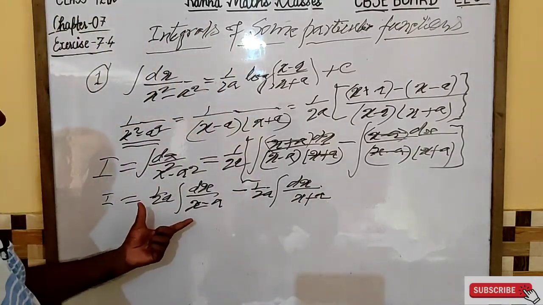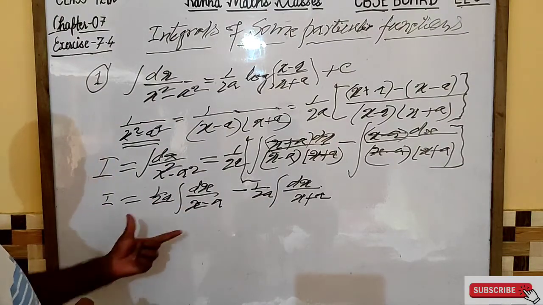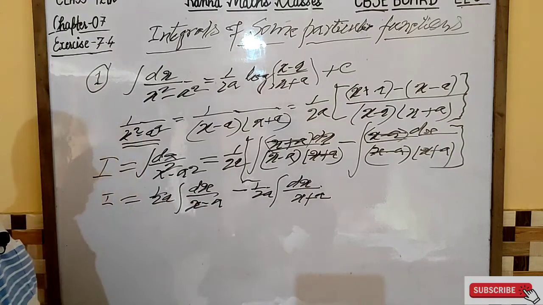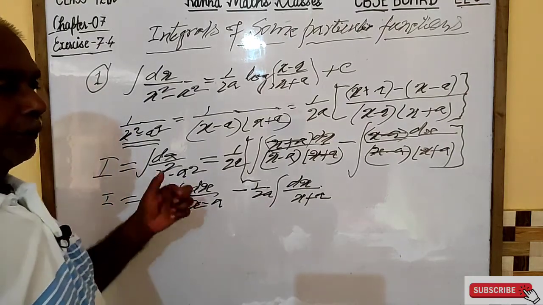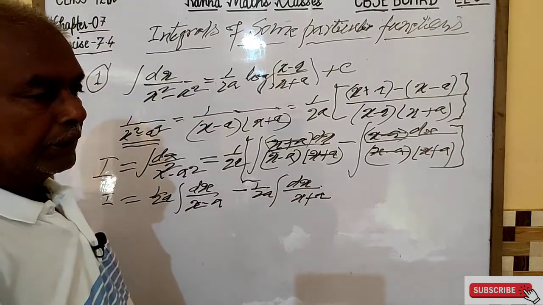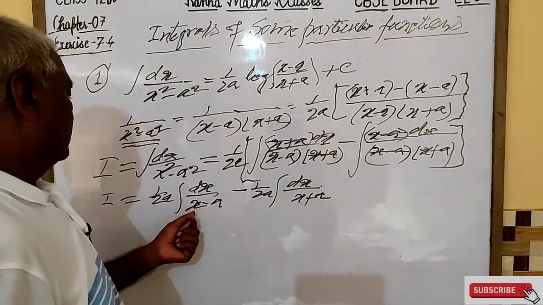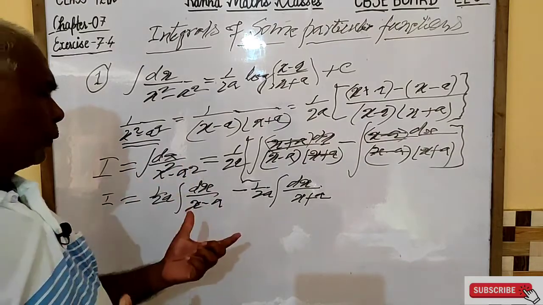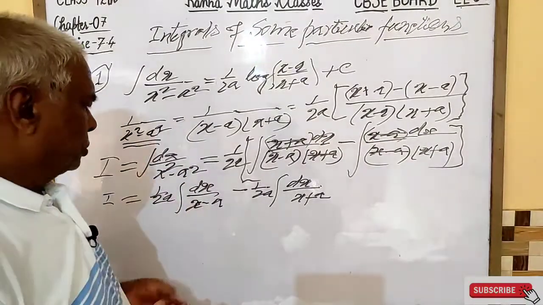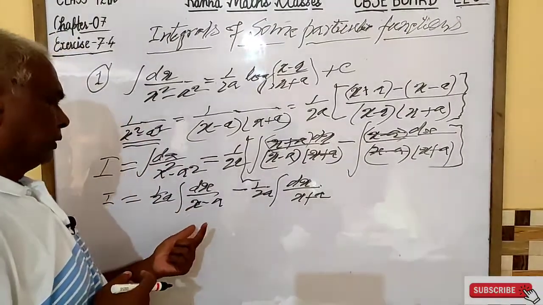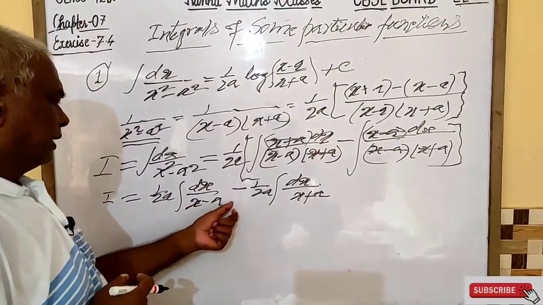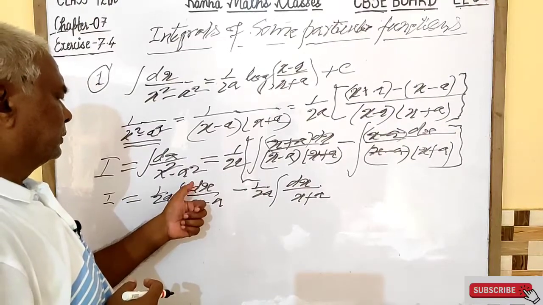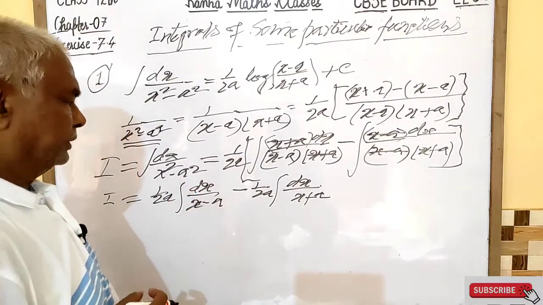Now we have written separately the two integrals, I mean I1 minus I2, and these are integrals of the standard form dx upon x, that is log x. Instead of x, here we have x minus a. If we want to integrate by substitution, then you will write if x minus a is equal to t, then dx will be dt, and dt upon t means log t.